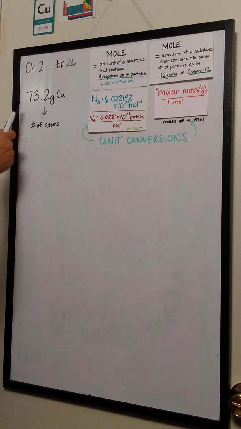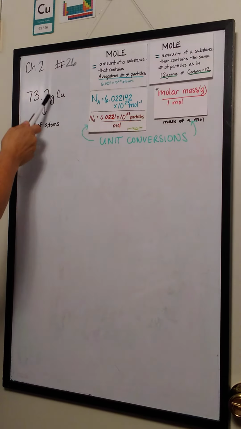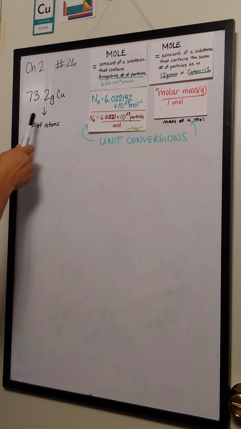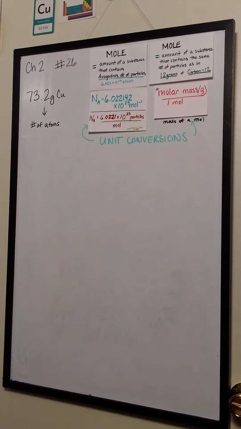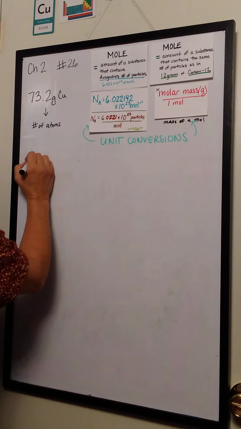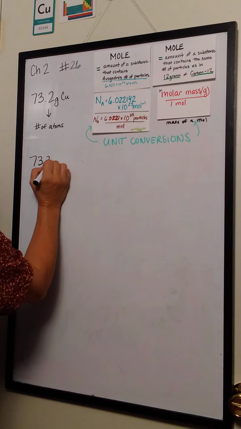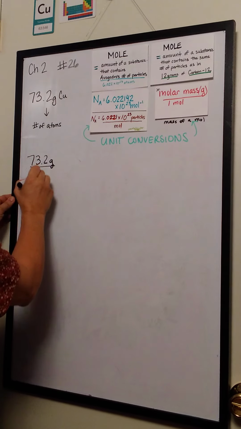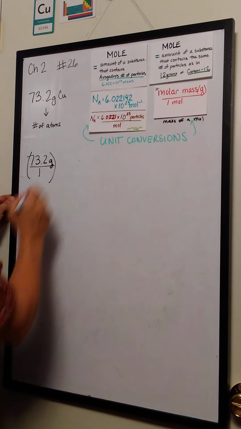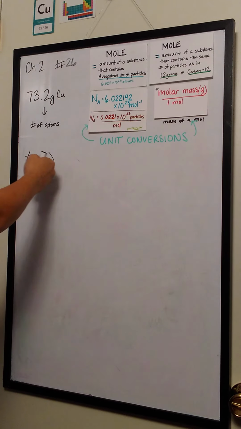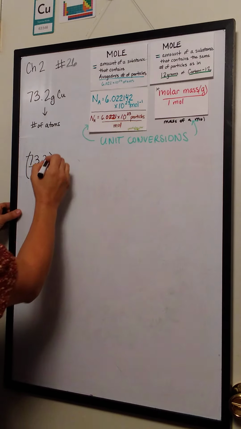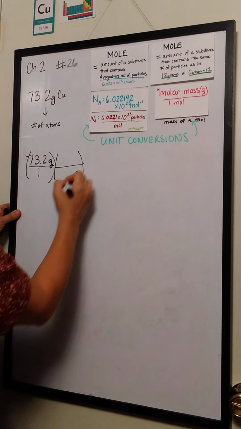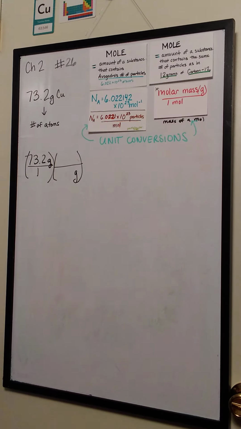Okay, we're starting with 73.2 grams of copper, and we are going for number of atoms. So let's start over here, 73.2 grams. We're going to put it over 1, just so it looks like our unit conversions. And now we want to cancel grams in the denominator. So our first unit conversion is going to be grams on the bottom. And what's in grams?